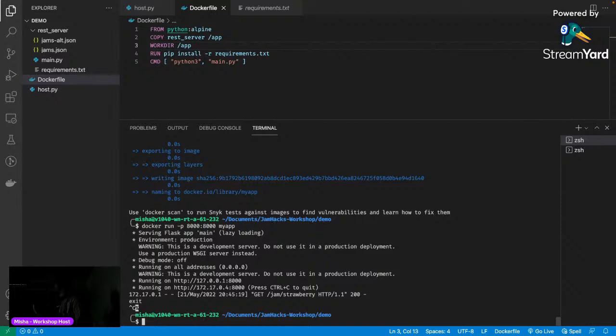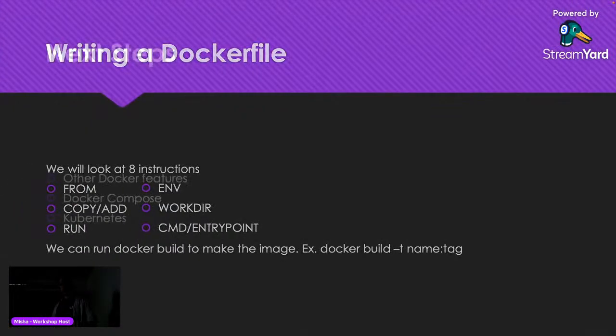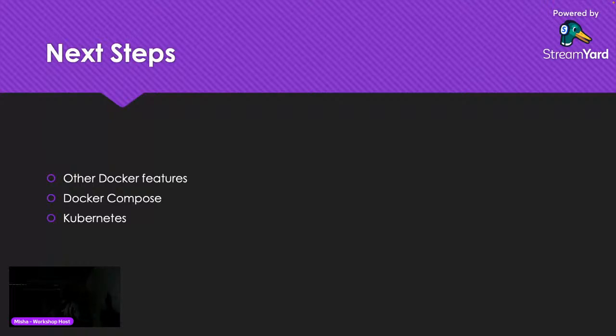Next, I showed a few basic commands, so here are a few next steps for learning Docker. Just to wrap up, I'm going to talk about a few things you can look at next. First of all, other Docker features. I didn't talk about all of the Dockerfile instructions. You can take a look at some other ones.